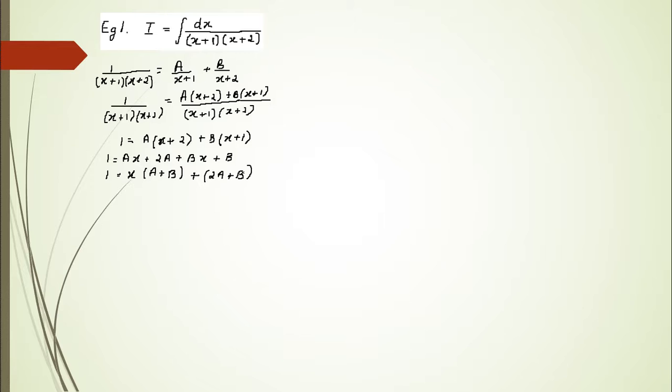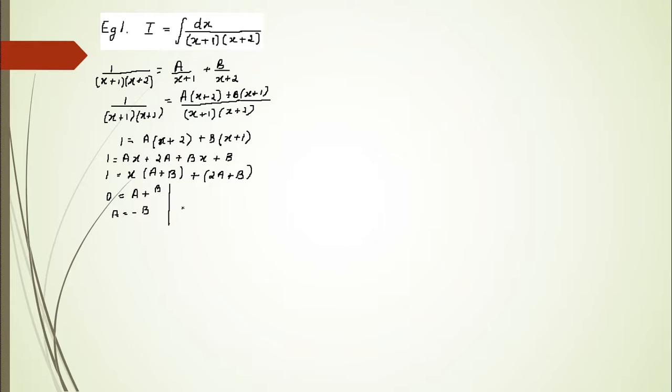Now we will compare the coefficients of x and the constants on both sides. Now the coefficient of x on the LHS is 0, so we'll get 0 is equal to a plus b. Therefore I have a is equal to minus b.